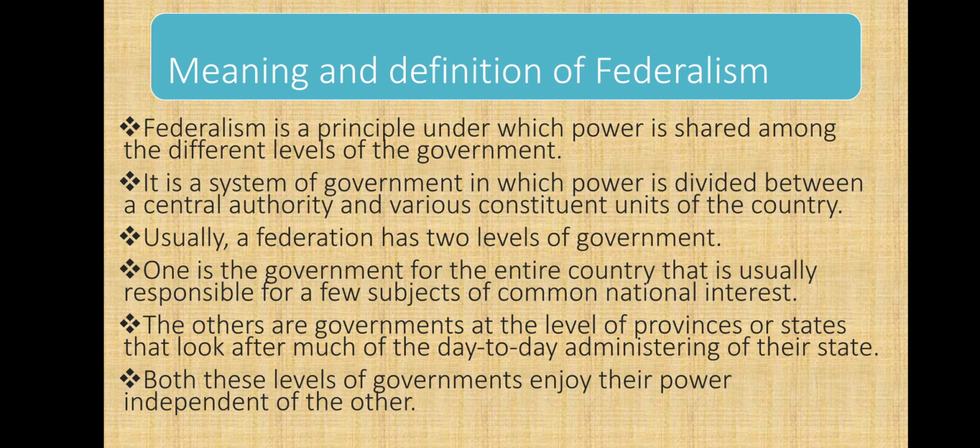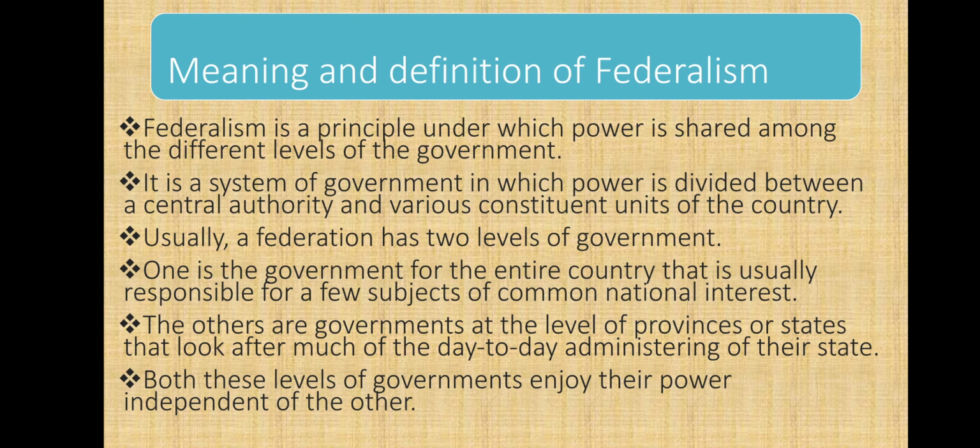So we have noticed in Belgium that power was shared among different levels of government. Like you found 4 types of government there: central government, state government, capital government, and community government.